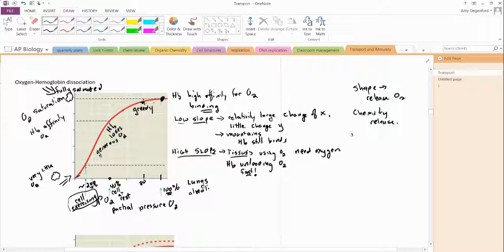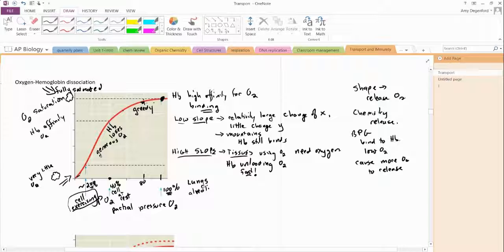There is a molecule called bisphosphoglycerate, BPG, and BPG will bind to hemoglobin at low oxygen levels. And this is a bit of a positive feedback, because once it binds to hemoglobin, it will actually cause more oxygen to release.